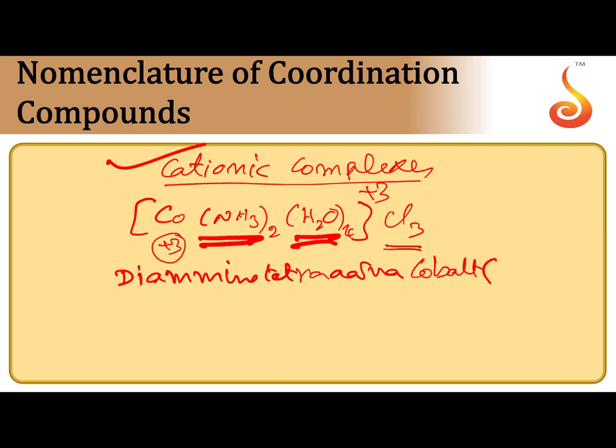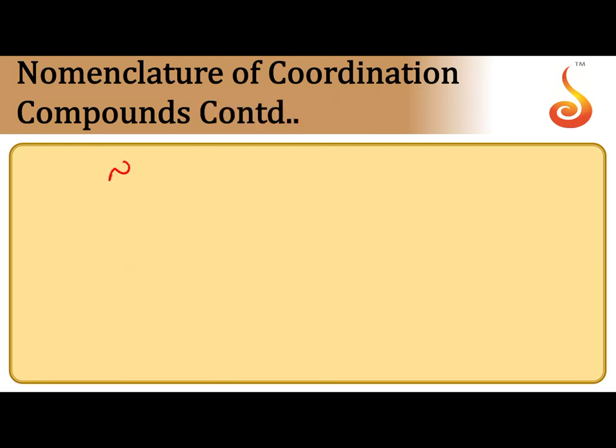You write the name of the central metal atom and mention the oxidation number in Roman numerals in the bracket, III. Then you write the name of the counter anion, singular. Even though 3 anions are there, you have to write only singular because this is not a ligand. You have to mention the number of ligands only, not the number of counter ions. Just chloride is enough, no need to write trichloride.